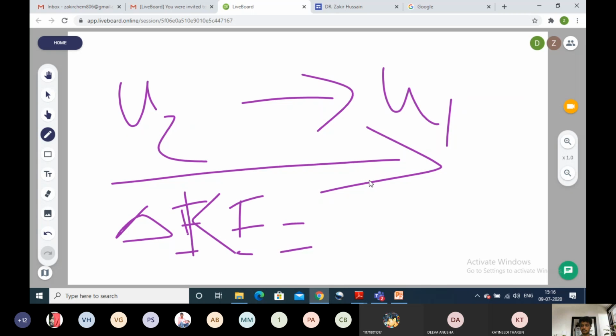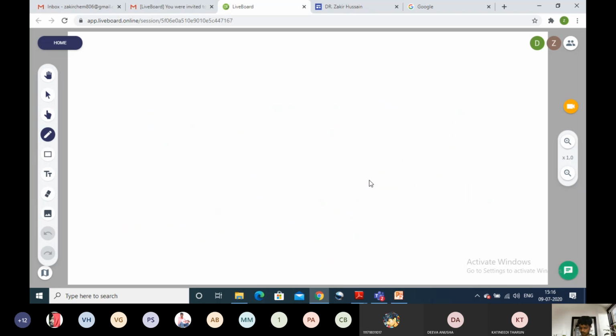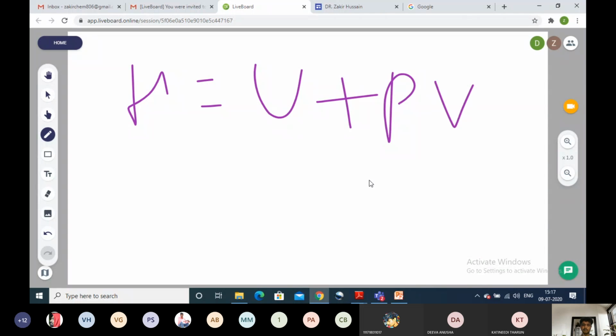Change in kinetic energy is already defined as half m u square. From the schooling days, we can remember this equation. Delta change in kinetic energy is equal to half mass into velocity square. Okay, then here the change in enthalpy is nothing but heat. H is equal to U plus PV.